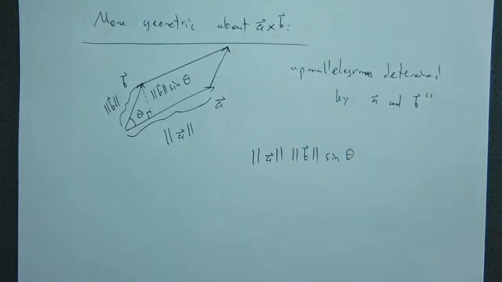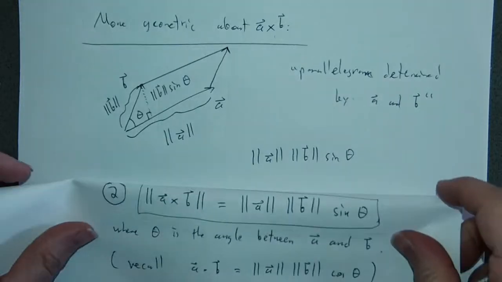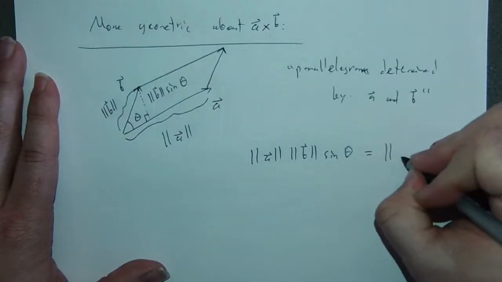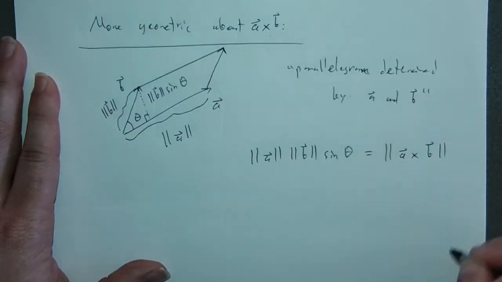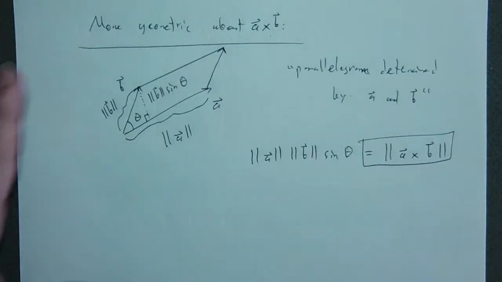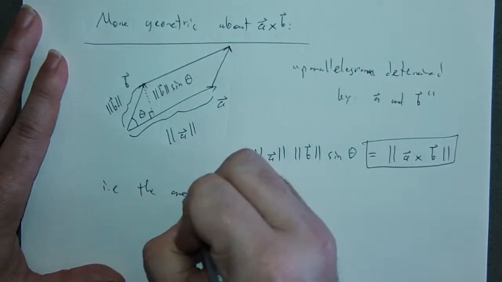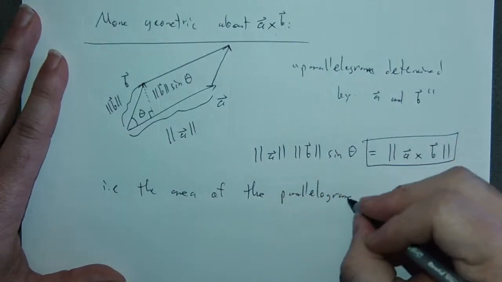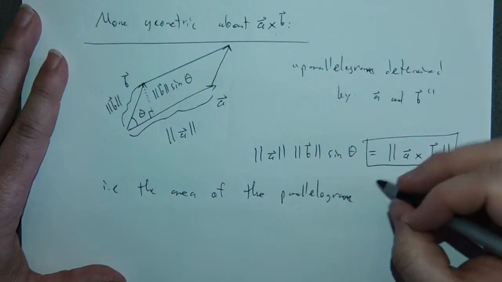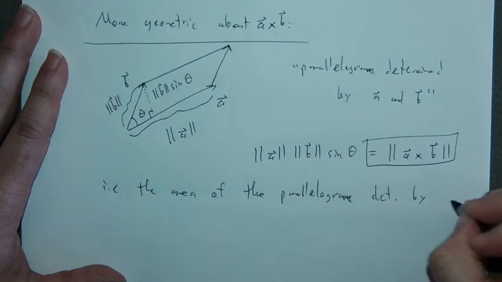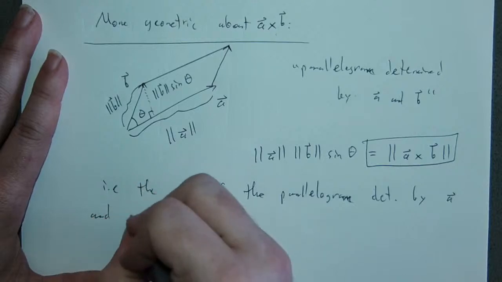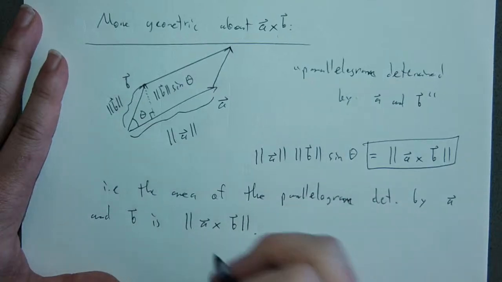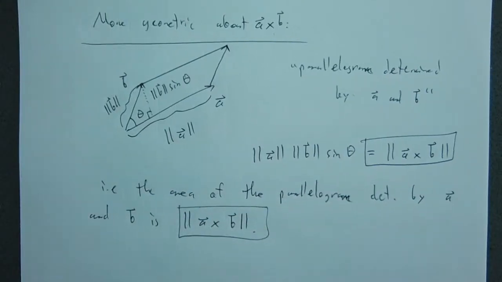But what is this? Well, we saw previously, right? It's the length of A cross B. Okay, so it's this, i.e. the area of the parallelogram determined by A and B is the length of A cross B. Well, that's pretty neat.